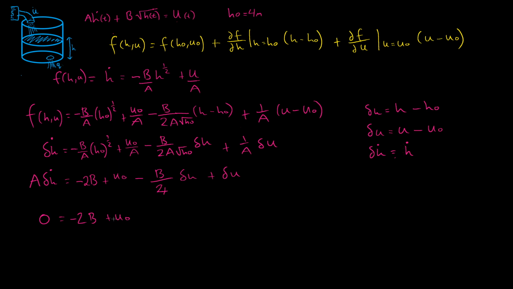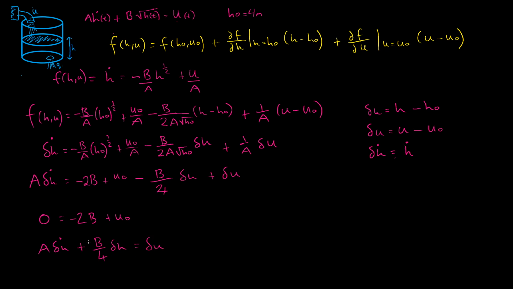And so UO is equal to plus 2b, and these two terms must cancel, which we'd expect if we're at an equilibrium. And so our linearized equation will be given by A delta H dot plus B on 4 delta H is equal to delta U.